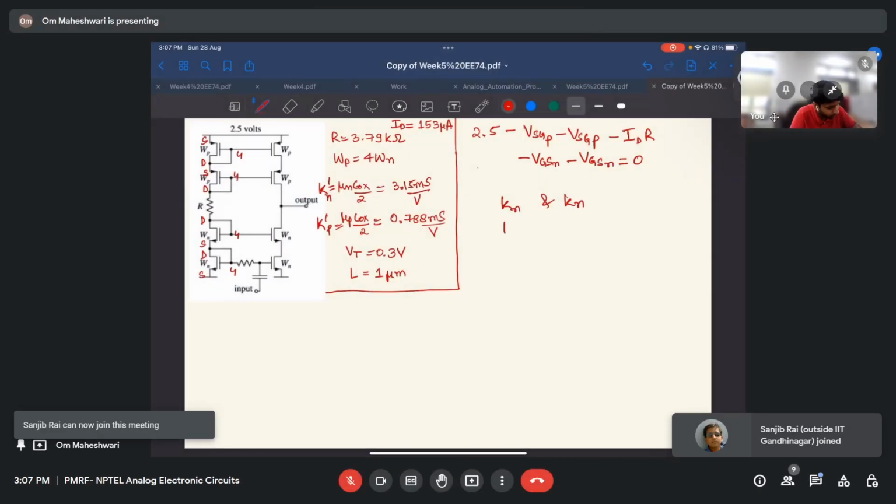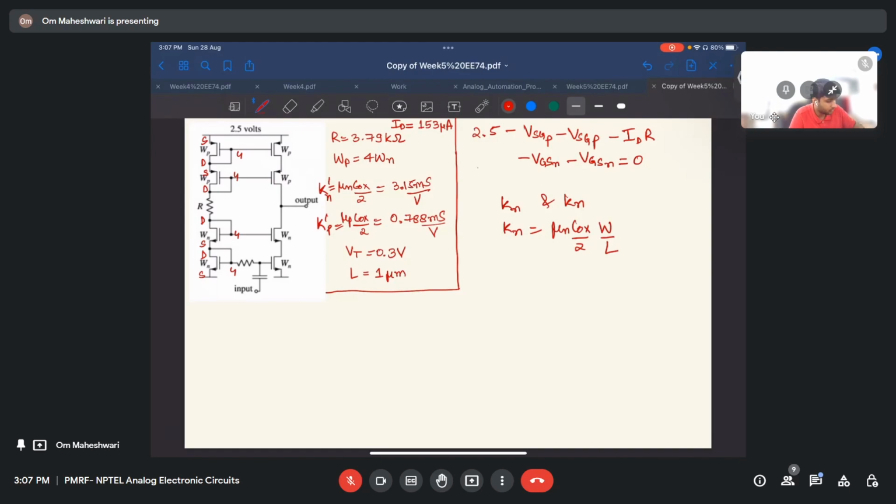So Kn equals K dash. Let me write this. Mu n Cox by 2 into W by L, right? And Kp is Cox by 2 mu p into Wp by Lp.